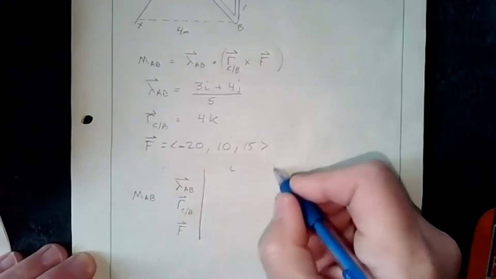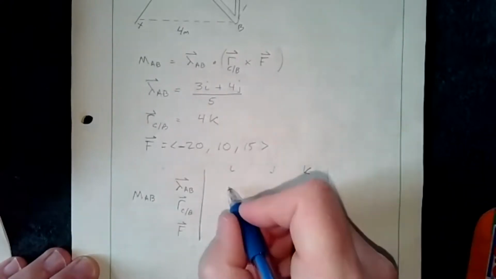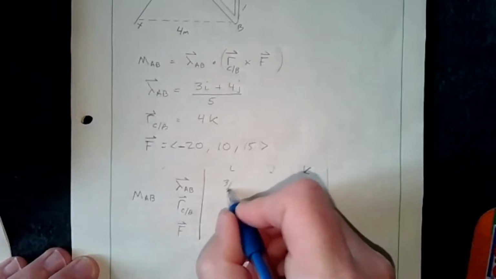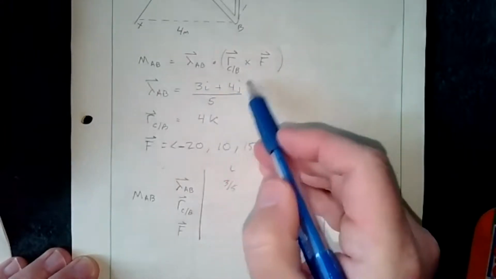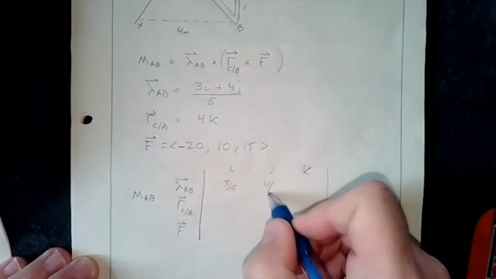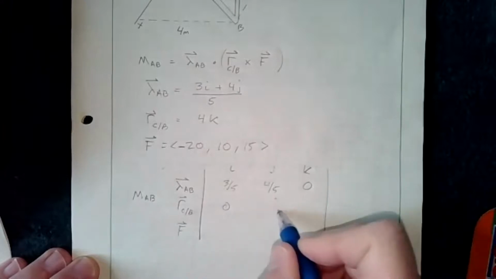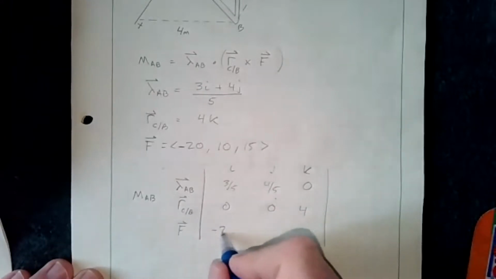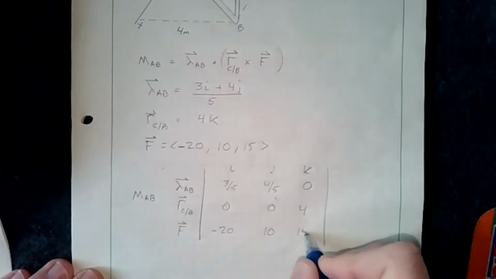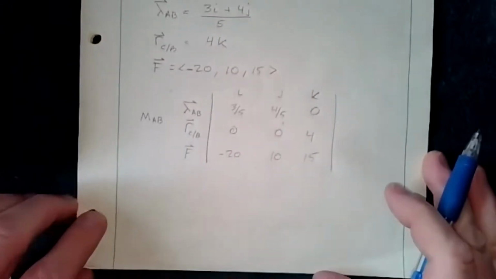We have our I, J, K. And so I is what? 3/5 for the unit vector, right? 3/5 and 4/5 in the J, 0 in the K. And then R is 0, 0, 4. And then F is -20, 10, 15. And don't worry about sig figs in here at all. Sig figs only at the end.